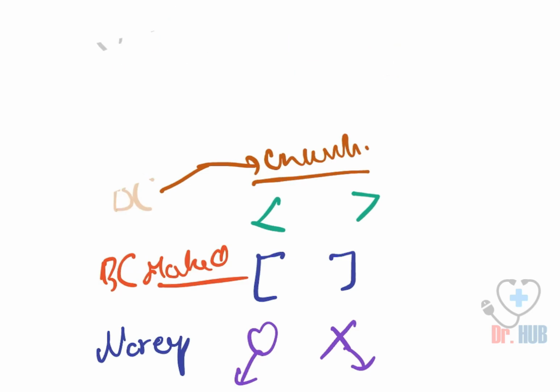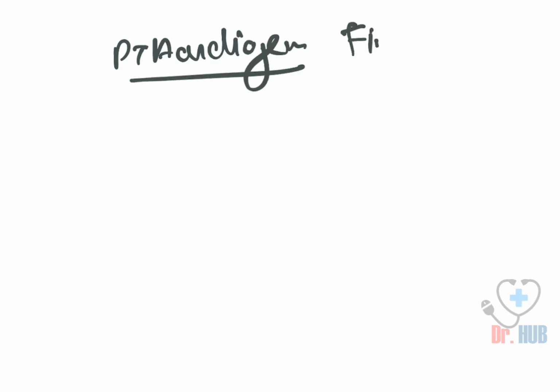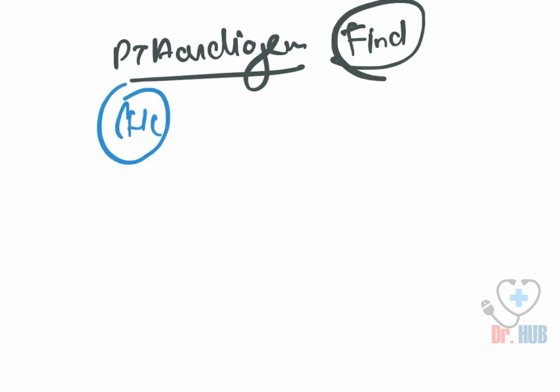Then the next question we asked was, what are the findings in case of the PTA audiogram? What are the findings in case of CHL, that is the conductive hearing loss?